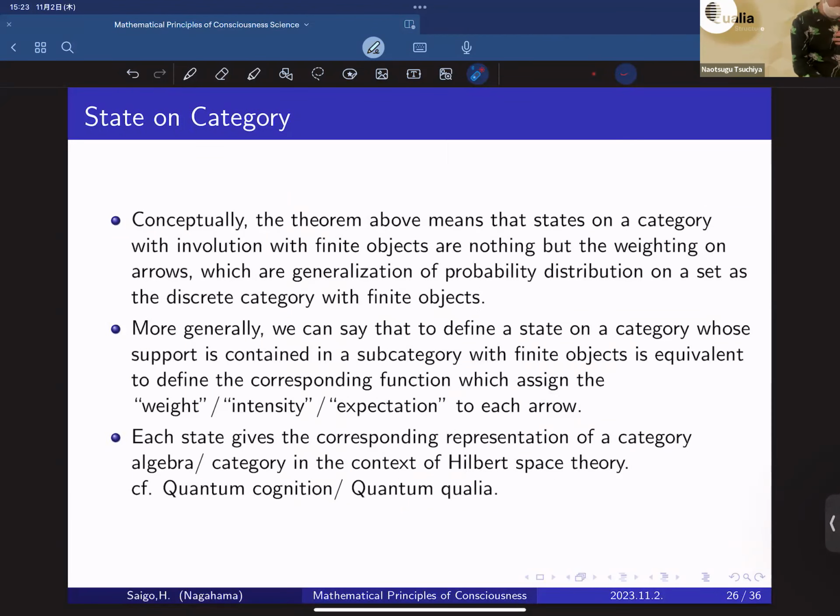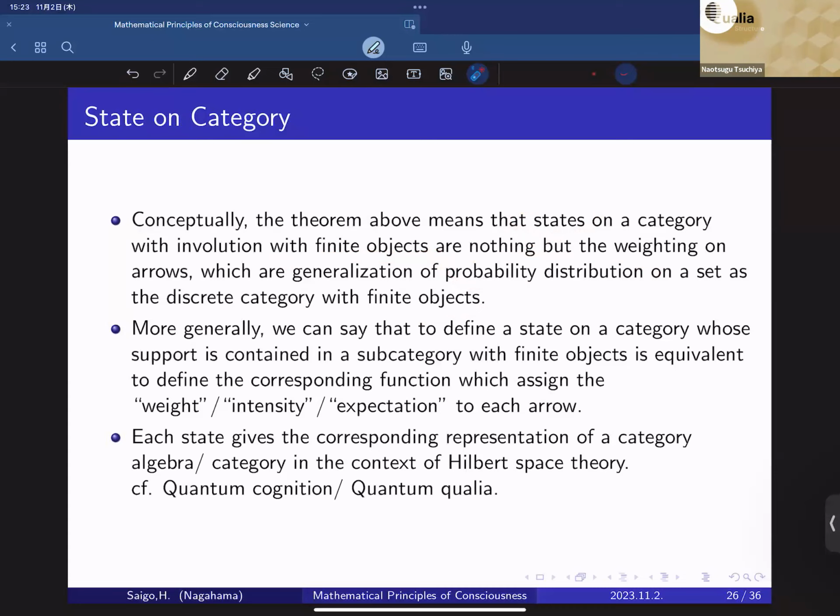So conceptually, the theorem means that states on a category with involution with finite objects are nothing but a generalization of probability distributions on a set as a discrete category. I proved it for finite objects, but you can generalize it. A discrete category means that the only arrows are identity arrows.